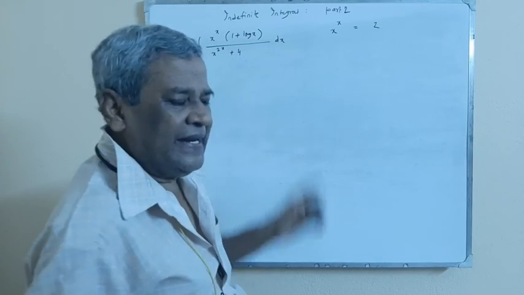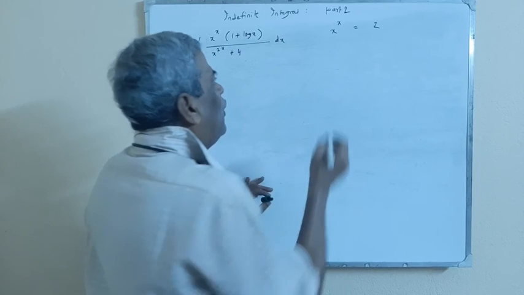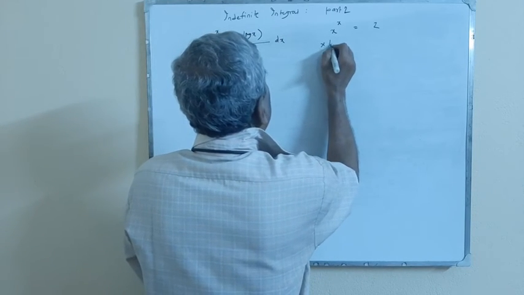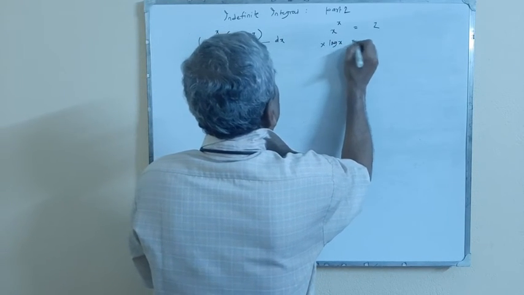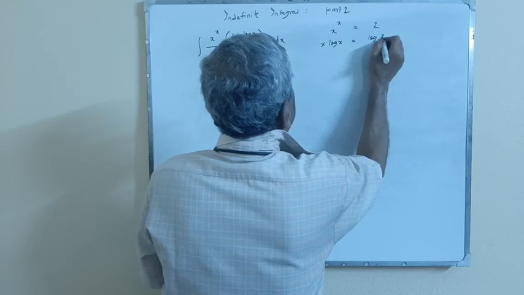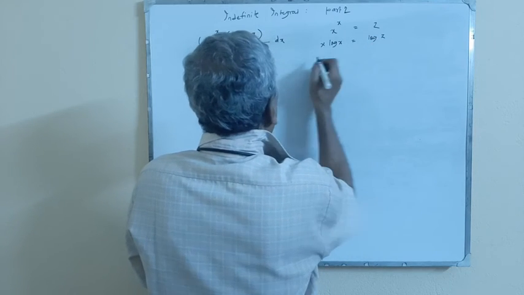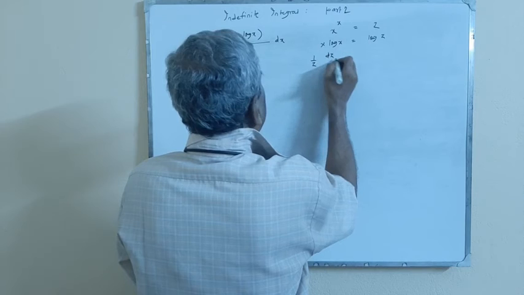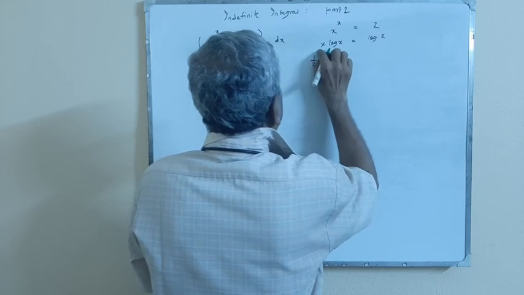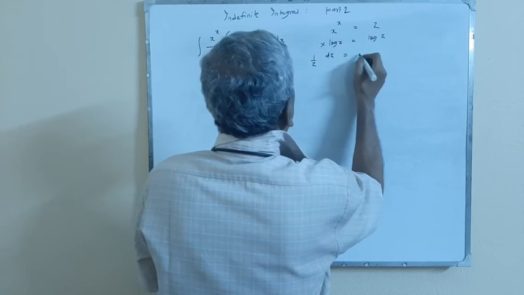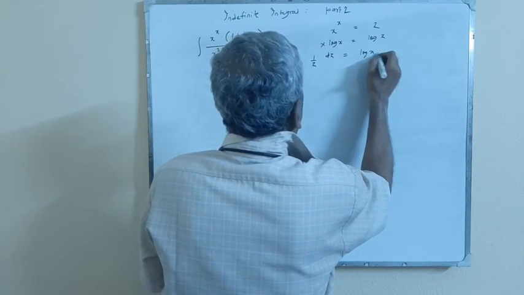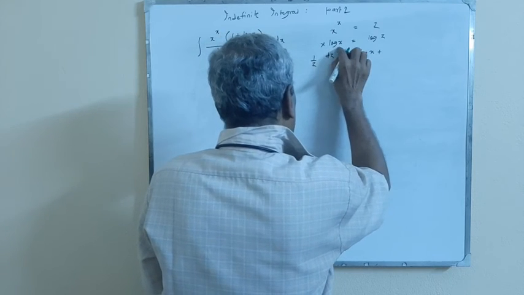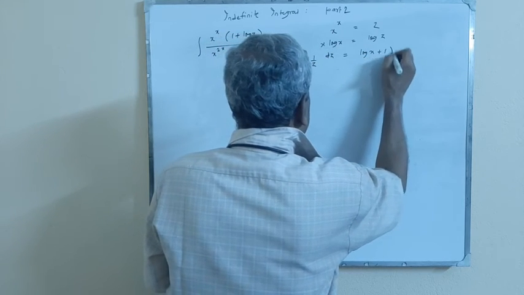Its derivative directly is not possible. So take log: log x is equal to log z. So that 1 upon z dz is equal to the derivative of that, 1 into log x plus x into 1 by x, so 1 into dx.